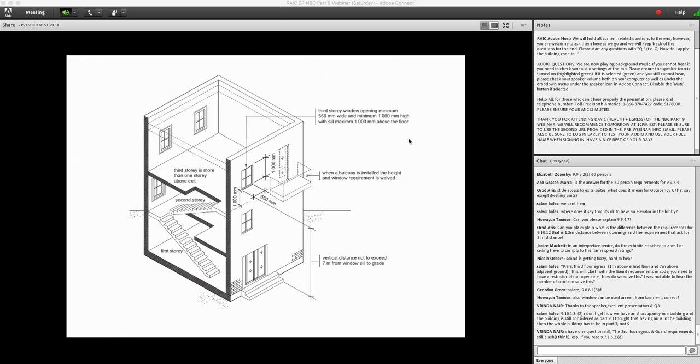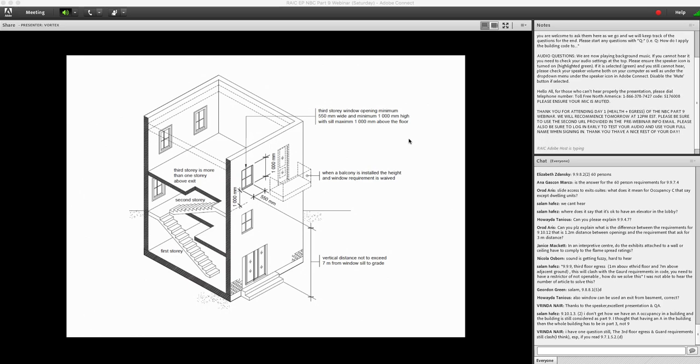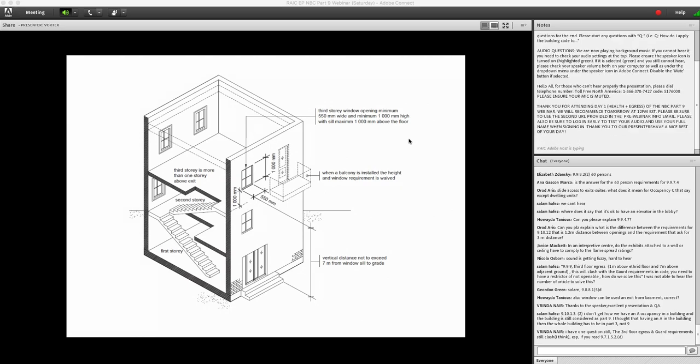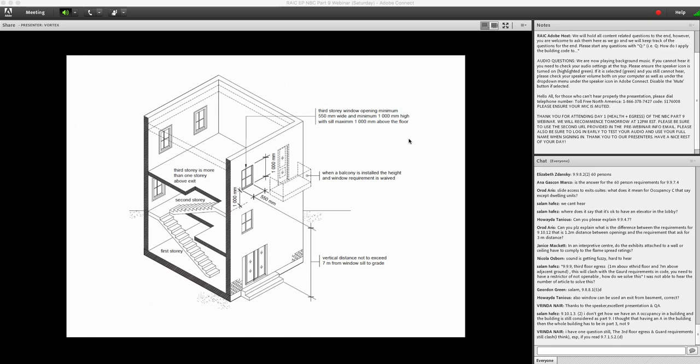A fire block is a material, component or system that will restrict the spread of fire within a concealed space. And a fire stop is the material that is used to fill gaps between fire separations and other assemblies or around openings, around penetrating items in a fire separation.